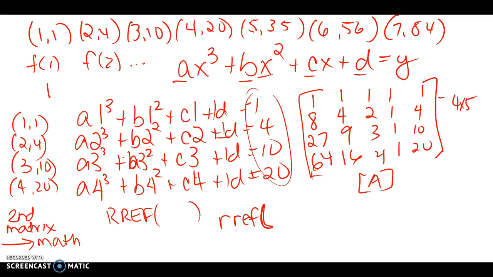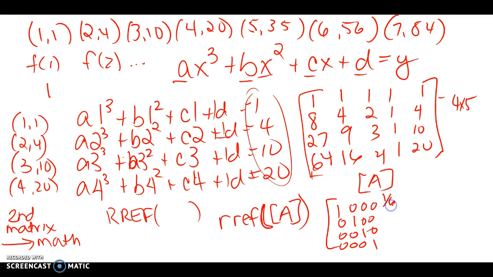Then I hit second matrix, stay under the names column, hit A, close my parentheses, hit enter. So my answers are, I will have the identity matrix here, won't I, on this side. And then my answers are, and I think I want them in fractions, because I like fractions, 1/6, 1/2, 1/3, and 0.